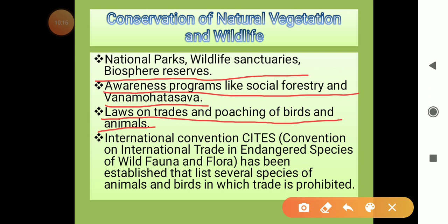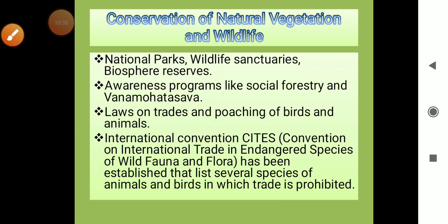So, next is the International Convention CITES, that is Convention on International Trade in Endangered Species of Wild Fauna and Flora, which has been established and lists several species of animals and birds in which trade is prohibited.